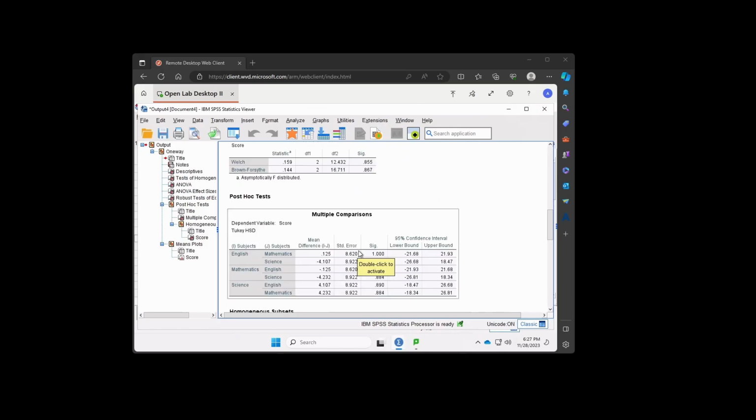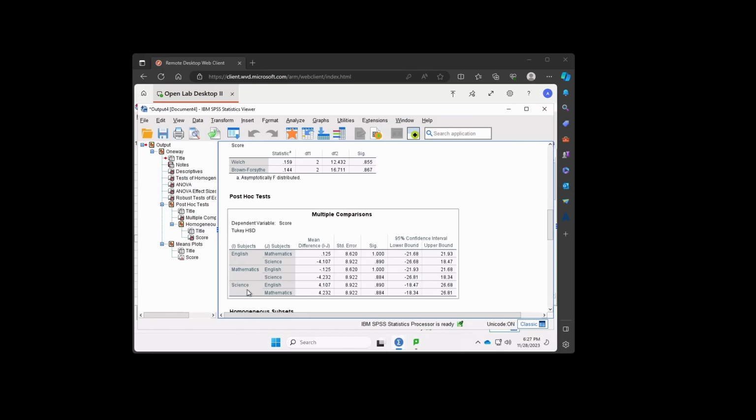And in our post hoc test, we just selected Tukey. So if you can see the data here, English, mathematics, and science, for the significance for this group, there is no significance between the groups.